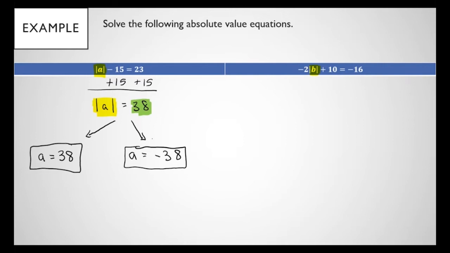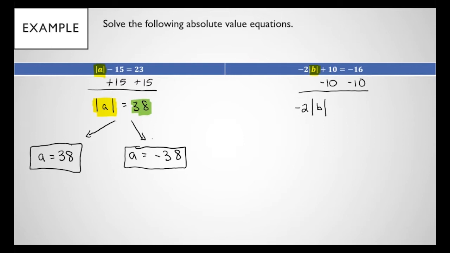So the first thing is going to be to subtract 10 from both sides. So that gives me a negative 2 with an absolute value of B. And I always make sure to try to make my lines as straight as possible so that they don't look like parentheses.